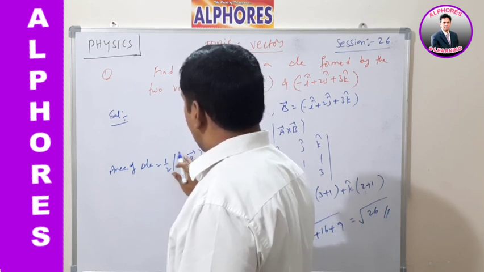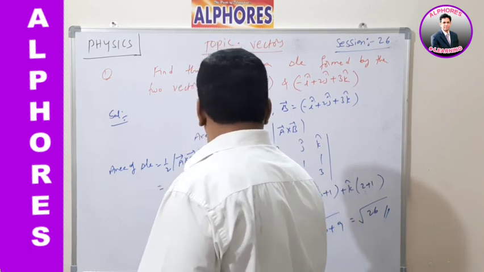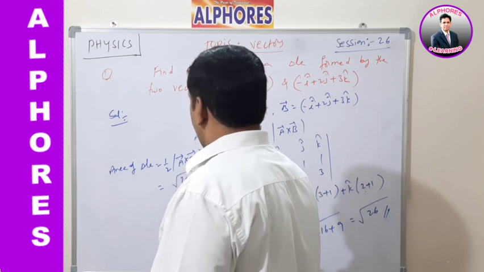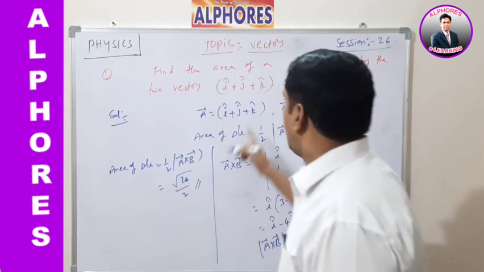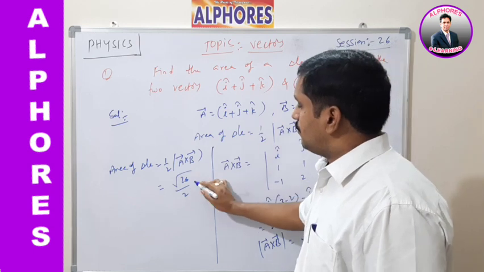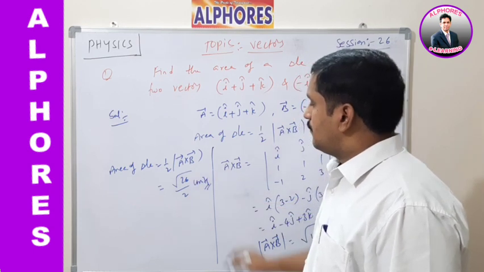The area of the triangle is half of this magnitude, so first I have to find the magnitude, which is root of 1 plus 16 plus 9. That is root of 17 plus 9, which is 26. So the magnitude is root of 26. Therefore the area of the triangle is half of the magnitude of a bar cross b bar, which is root of 26 by 2. Here I am not giving the units, so it is measured in units only. So this is the answer.